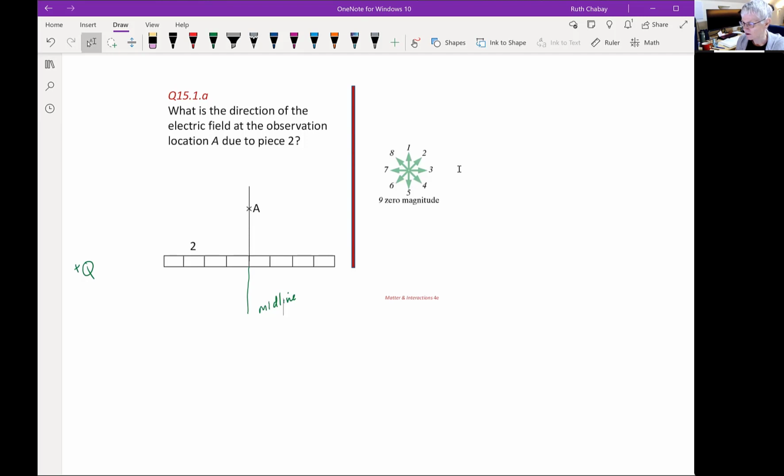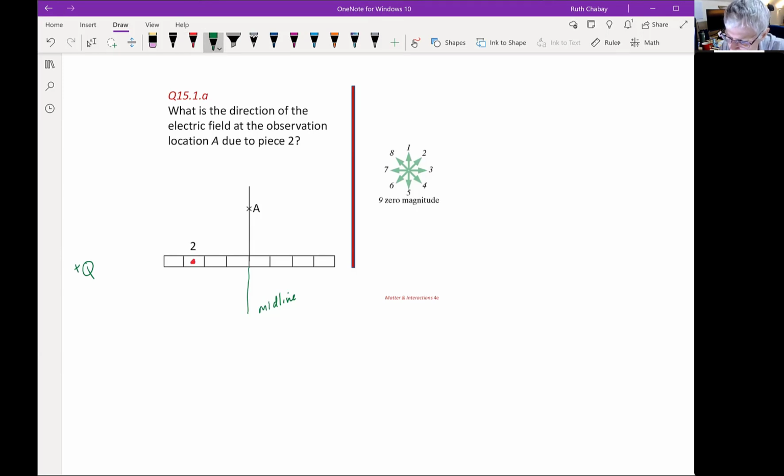All right, let's see what you said. So the popular vote is for direction 2, which is correct. So how did we get that? Well, first we have to decide what the location of this putative point charge is, and it's surely going to be in the middle of piece 2.